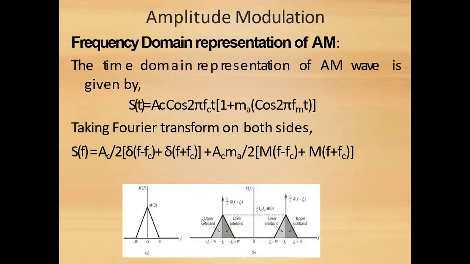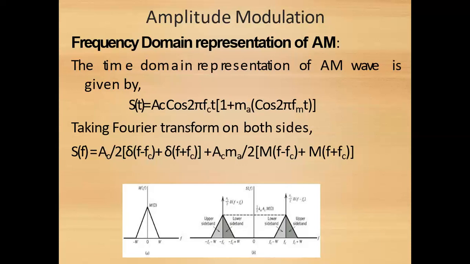The figure here shows the frequency spectrum of amplitude modulation. The first figure shows the frequency spectrum of the message signal. The next figure, B, represents the frequency spectrum of the modulated signal of amplitude modulation.